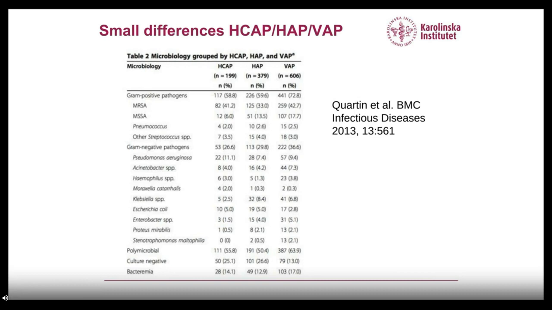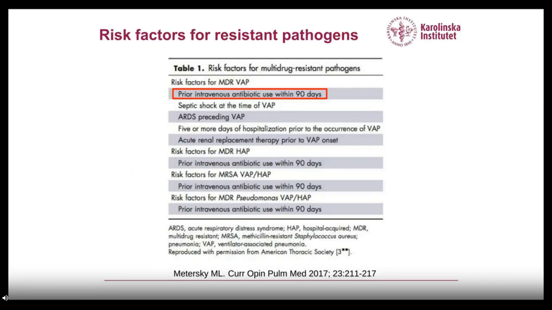Another important factor to consider is also the risk factor for resistant pathogens, and for this particular situation, prior intravenous antibiotic use is a big risk factor for MDR ventilator-associated pneumonia.